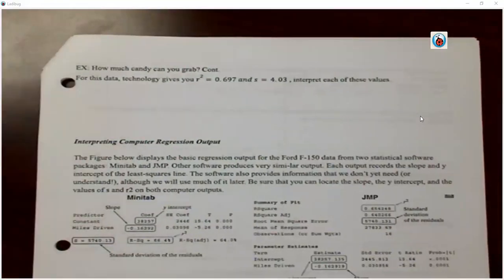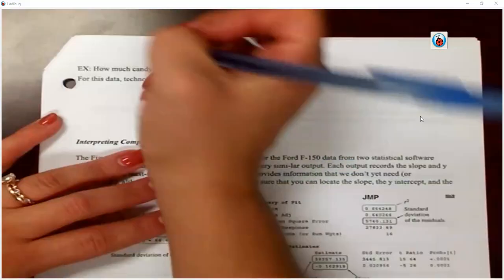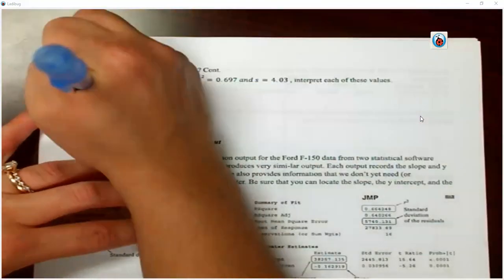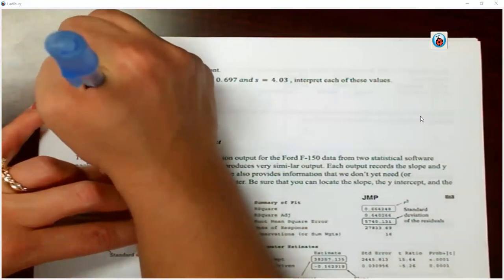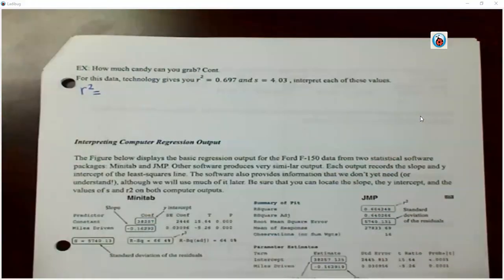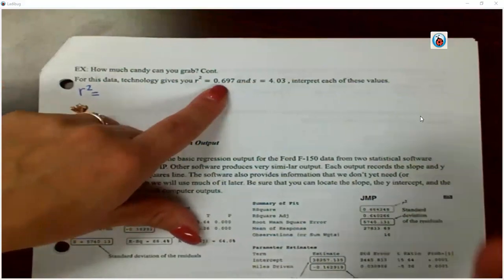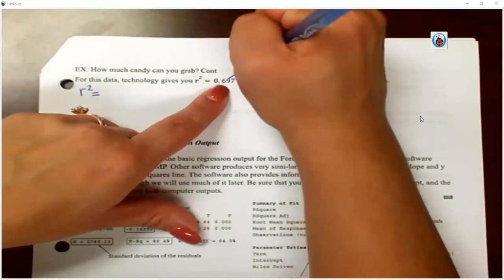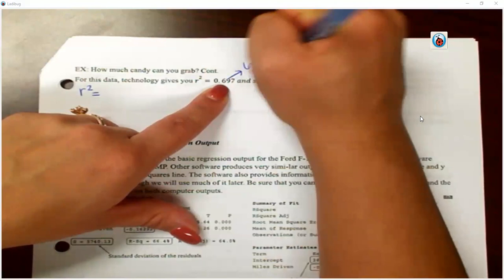In the example about the candy grab, it says for this data, technology gives you that R squared is 0.697 and S equals 4.03. We are going to interpret each of these values. Let's start off with our R squared. In this case, our R squared is 0.697. This is the same as 69.7%.